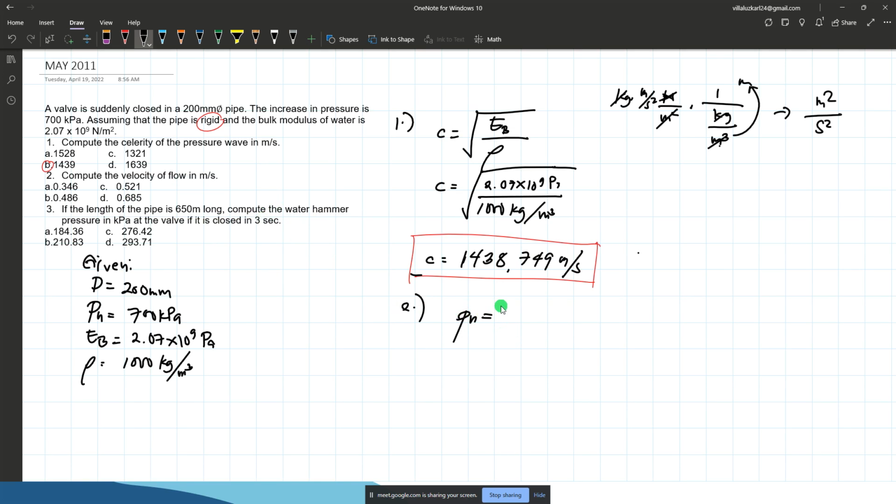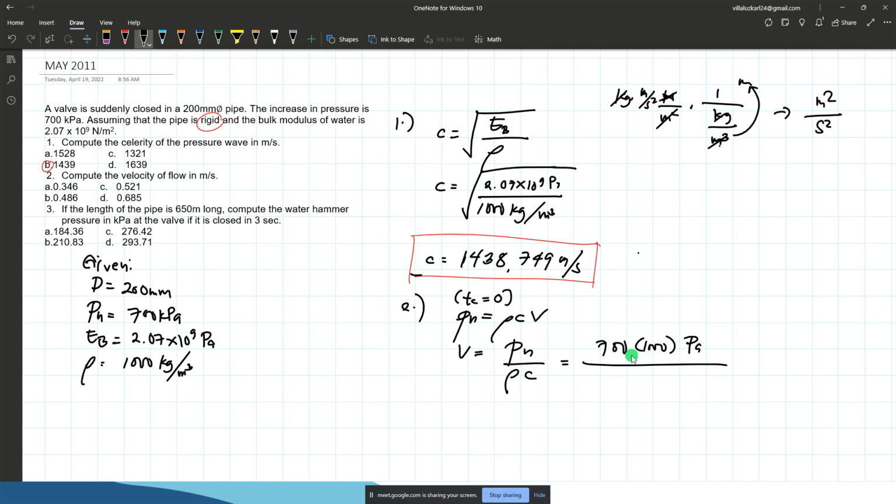So for an instantaneous closure where Tc is 0, we can solve the increase in pressure as rho C V. Since V is required, it means that V is the pressure increase over rho times C. So substituting all the given here, we have 700 kilopascal. We convert that into Pascal, we just multiply by 1000.